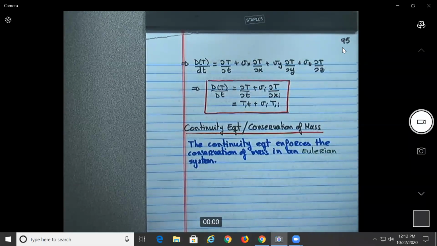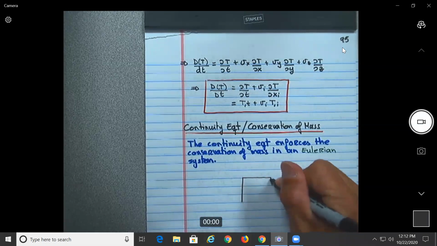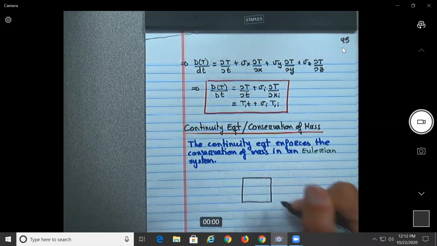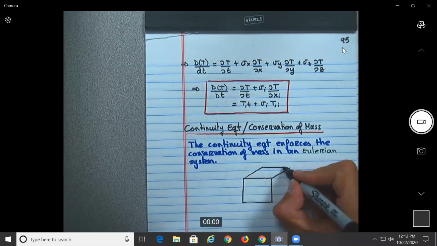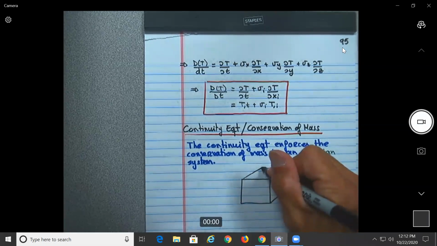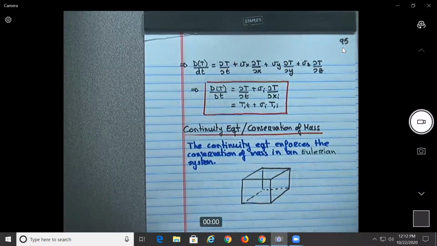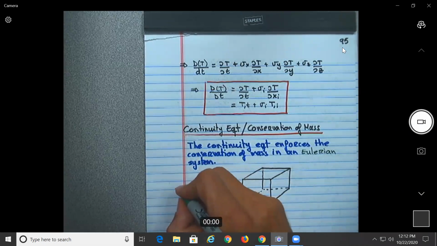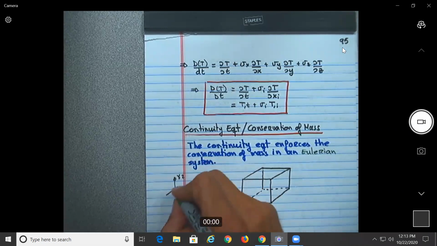Okay, so this is a classic figure where you consider a control volume element. You have a big volume, you take a control volume. And then let's say you have here the reference frame X1, X2, X3.